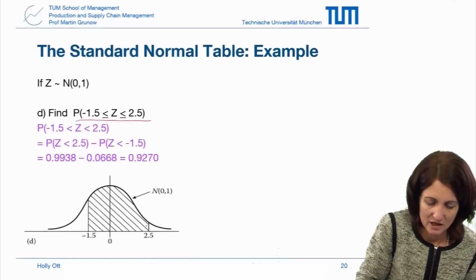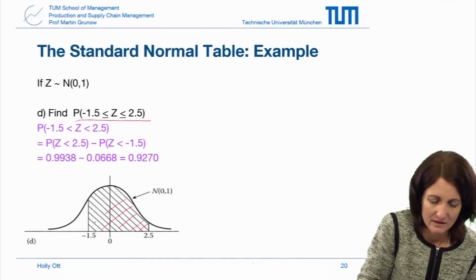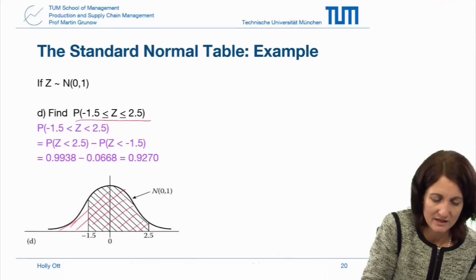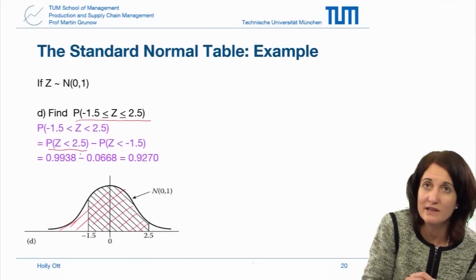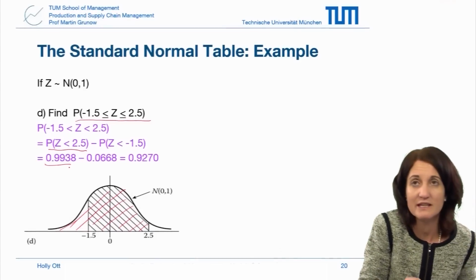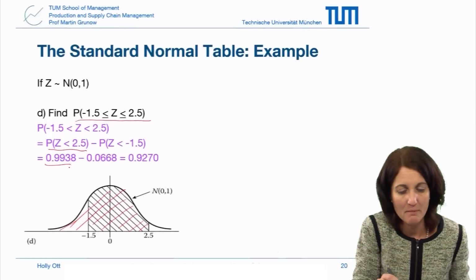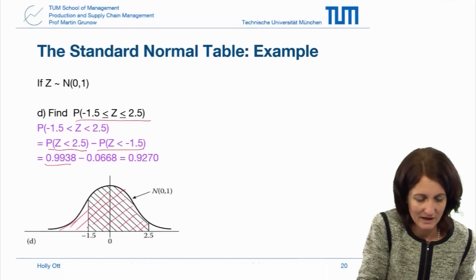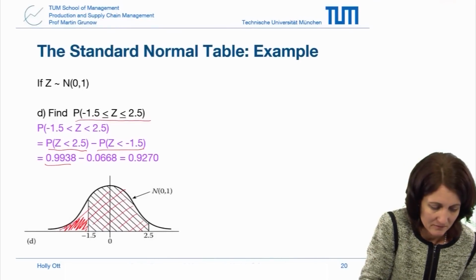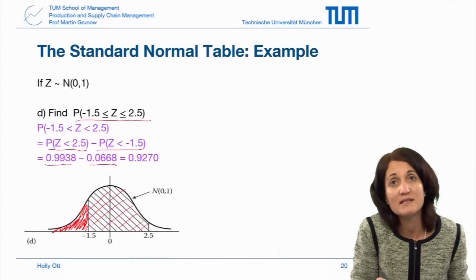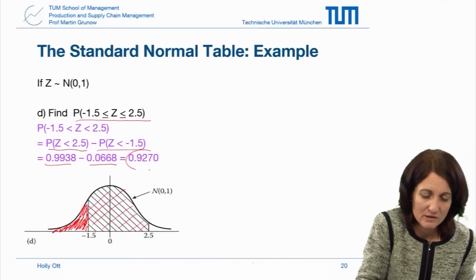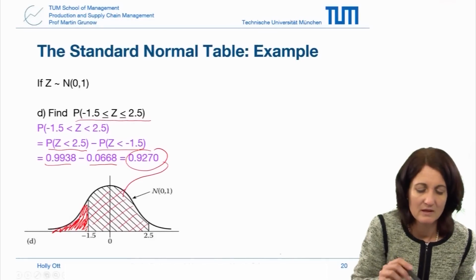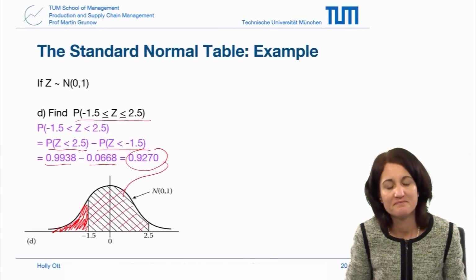We take the proportion of the population that is less than 2.5. We get that from our table: 99.38%, minus the proportion that is less than minus 1.5, which is just down here, a smaller number, only 6.68%. And this will give us the part in the middle.